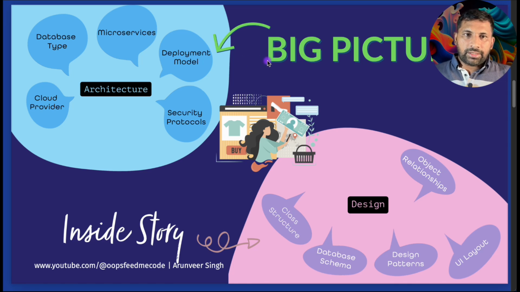So big picture is architecture here, and when we talk about the inside story in terms of a website or software, design is generally about the database schema, how you want to structure your classes and your code, how you want to use design patterns, how your UI layout will be, and how your objects will relate to each other.